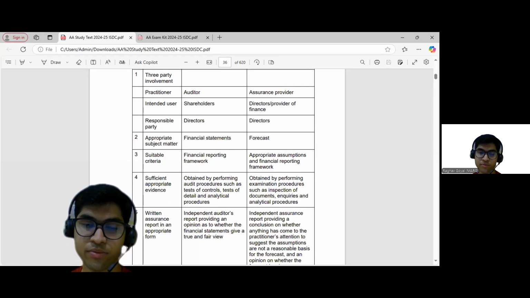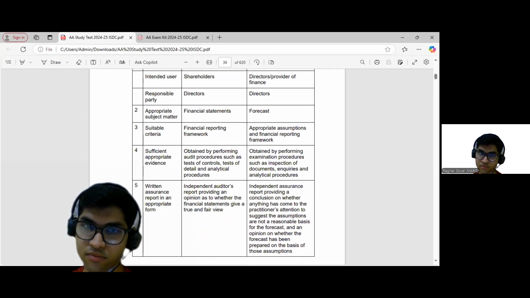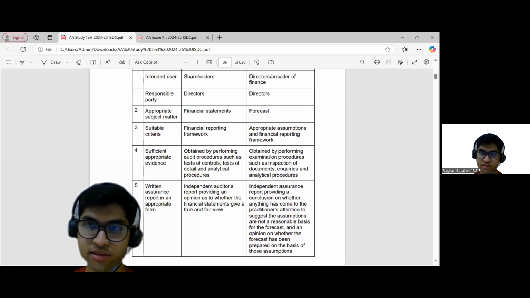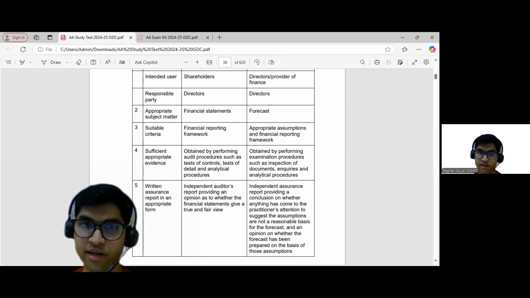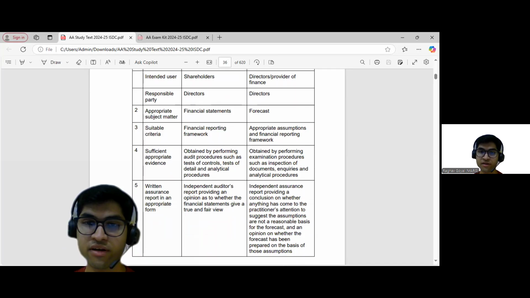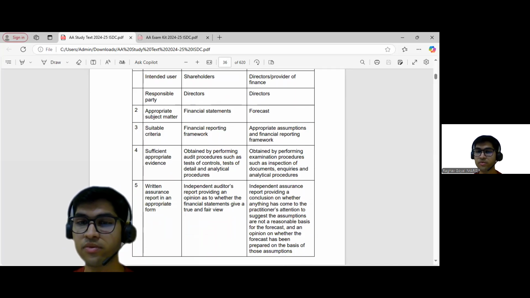Then we have appropriate subject matter. In our case, it's financial statements. It could be forecast as well. Then the criteria for financial statements would be the reporting framework, which includes GAAP, generally accepted accounting principles, then IAS, IFRS, anything which the company adheres to.